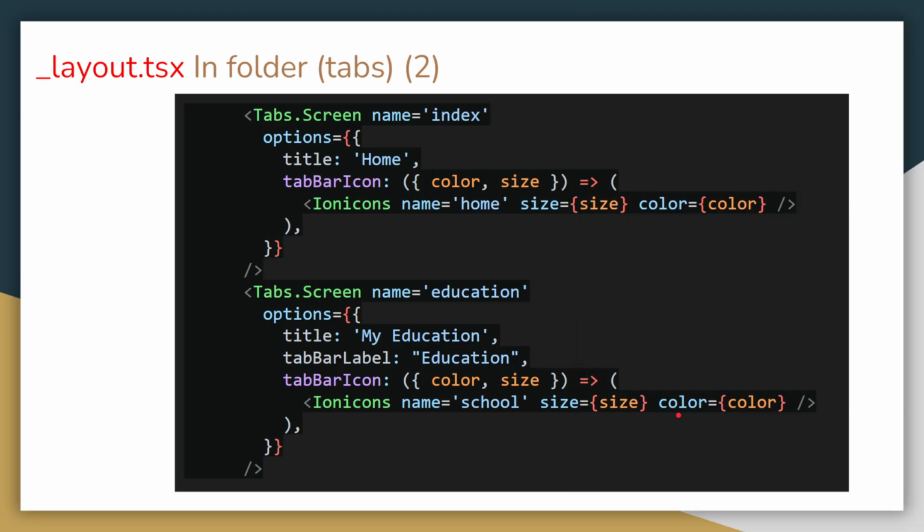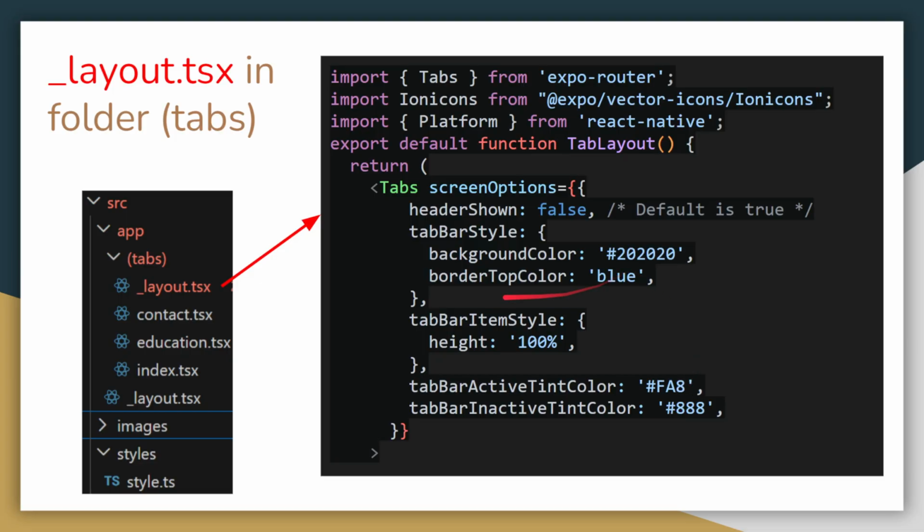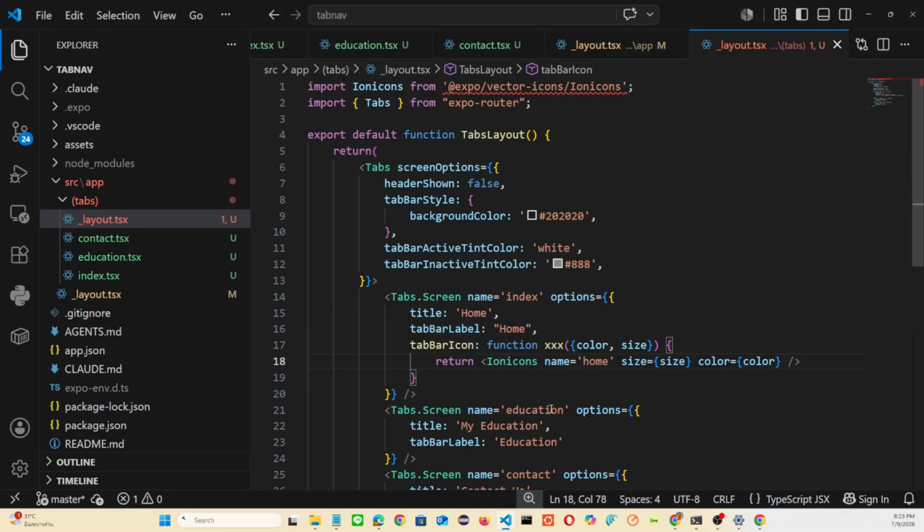to assign. Remember, this is the tab, the parent tab. So I'm going to put the tab bar item style. I'm going to put the height of this tab bar to 100%, and let's see. Okay, this is the tab, right?